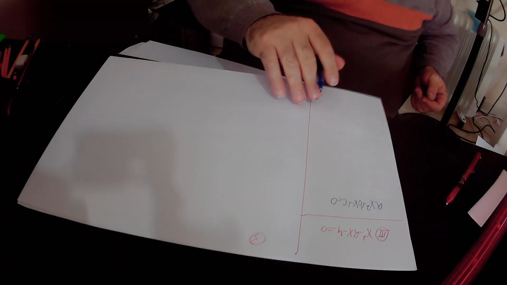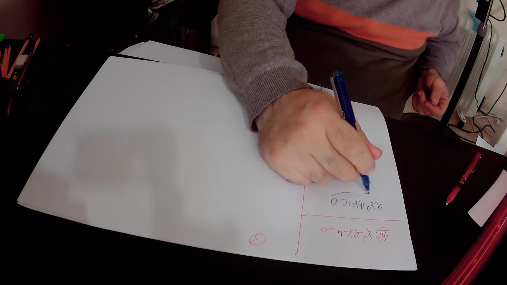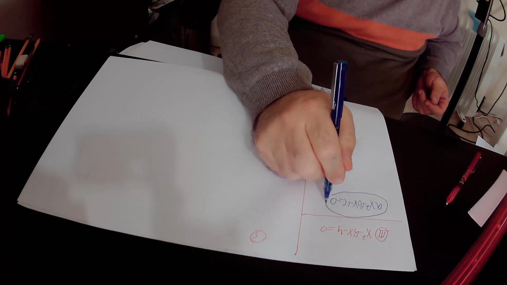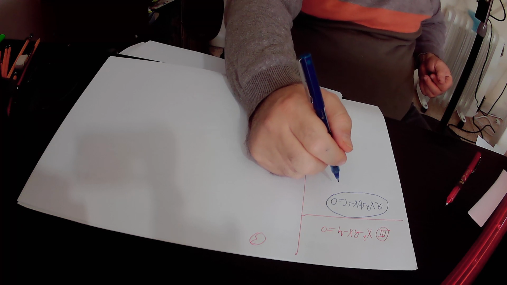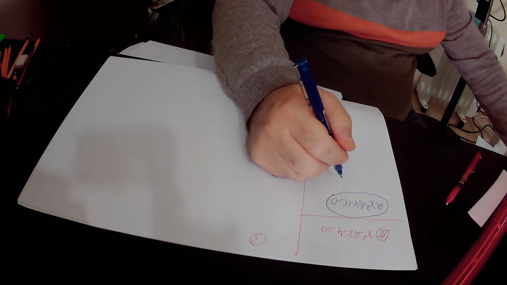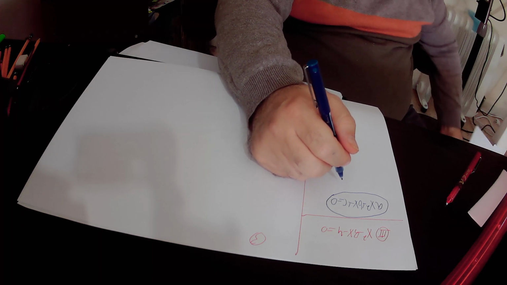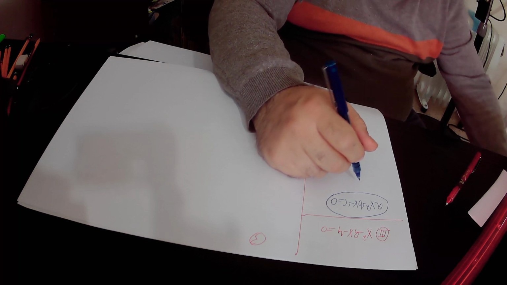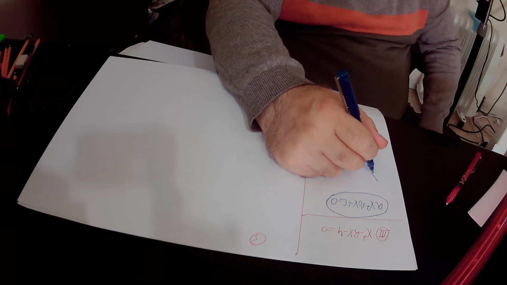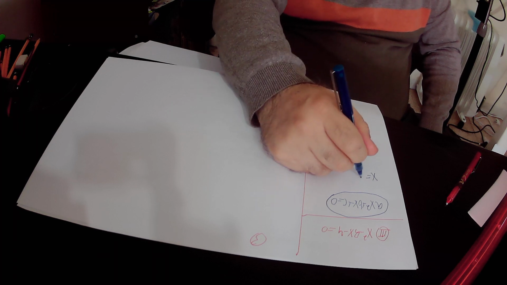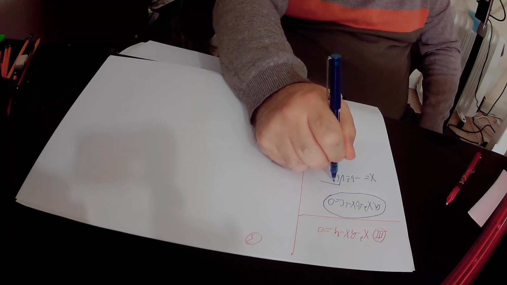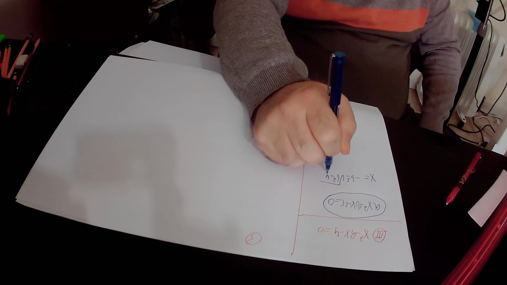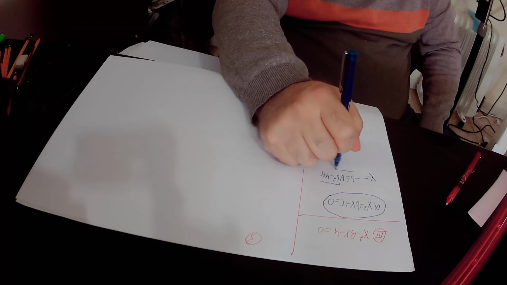Here a, b, and c are the coefficients of the quadratic equation, and x is the variable that we are looking for, and we find the value of x according to the following formula. x equals minus b plus or minus square root of b squared minus 4ac, over 2a.